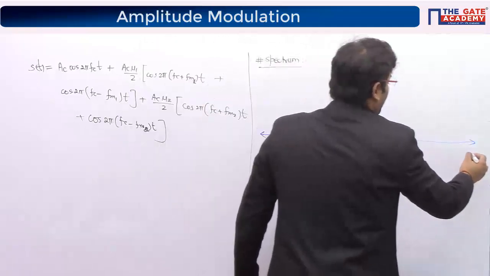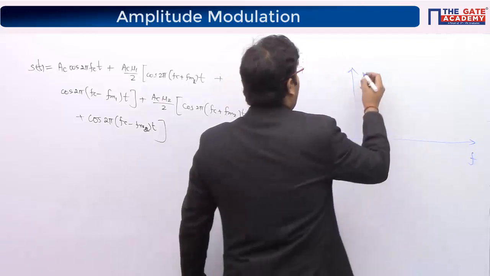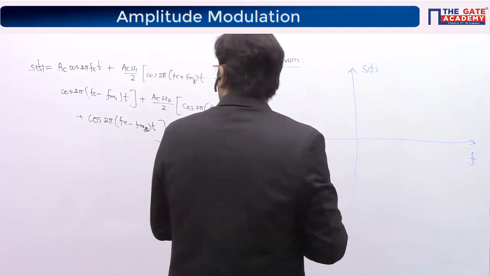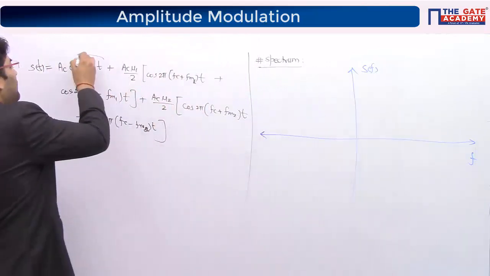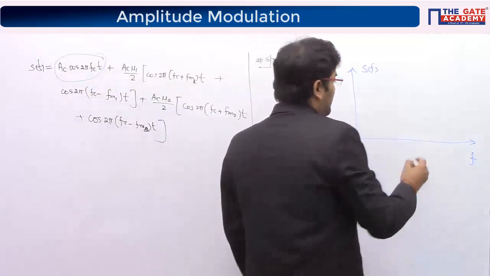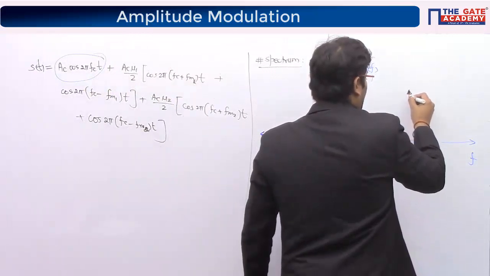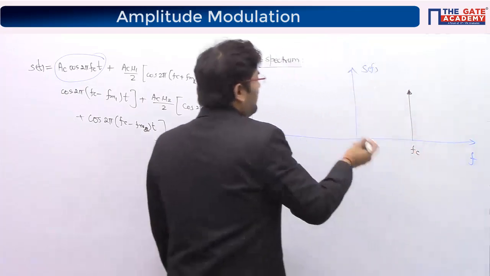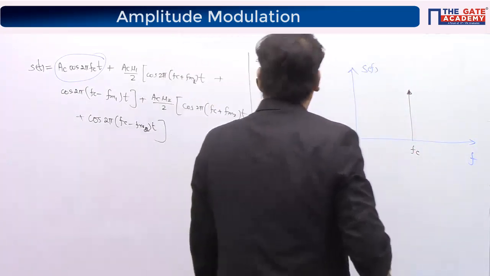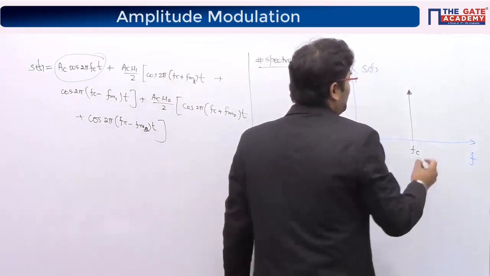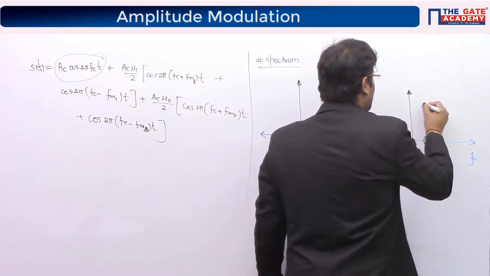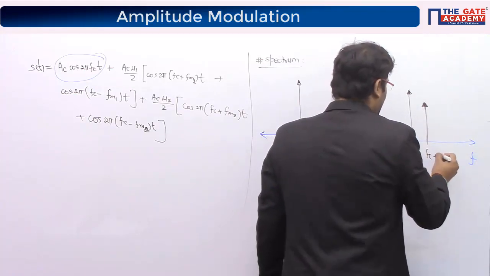So this is your spectrum F, and I am prepared to draw the spectrum of S of F. You know that the first term Ac cos 2 pi Fc t would give you 2 impulses. So you get one impulse at Fc and the mirror image at minus Fc. Good. The second term will give you 2 impulses, each on the right and the left.